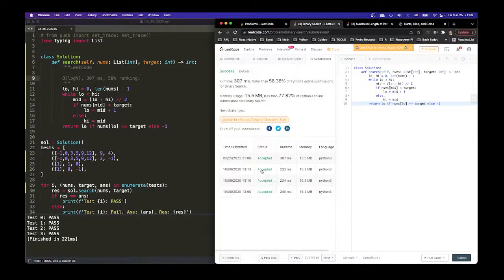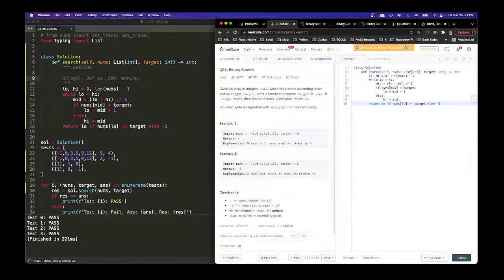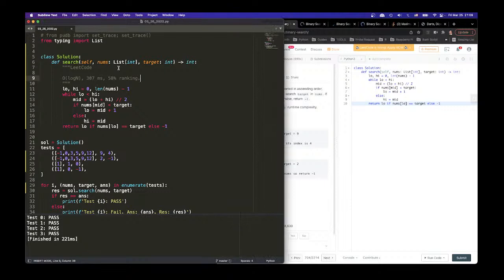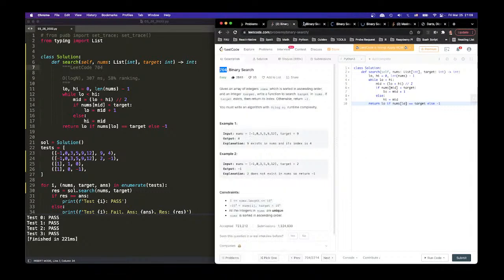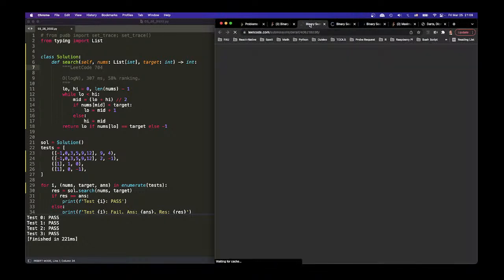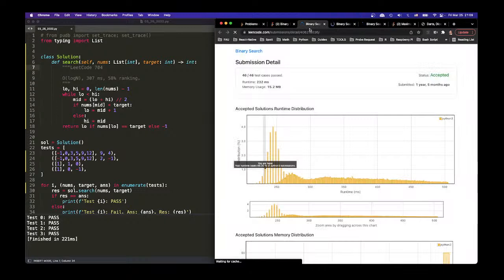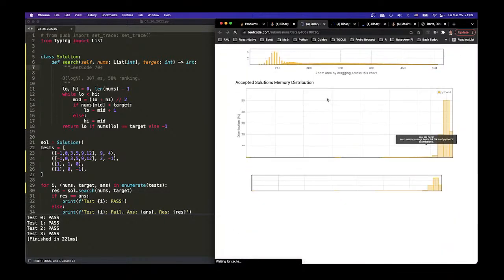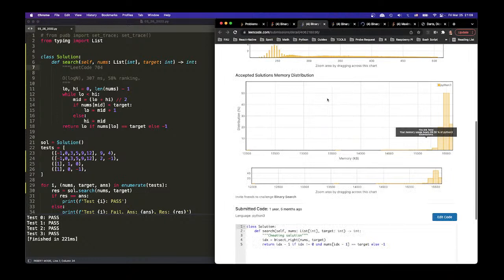What are these other methods I used? Interesting. Just curious. Bisect, right? Maybe. Cheating.